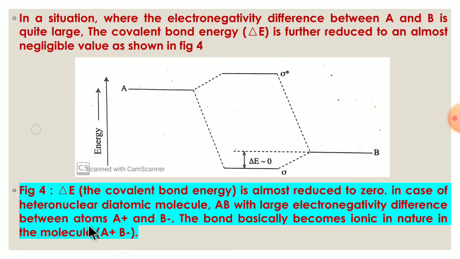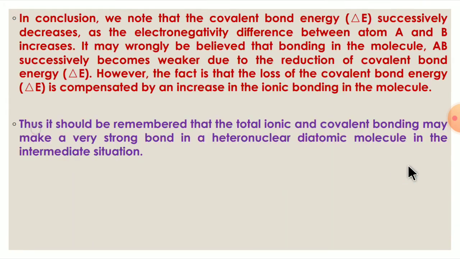In the case of heteronuclear diatomic molecule AB with a large electronegativity difference between the atoms A plus and B minus, the bond basically becomes ionic in nature in the molecule A plus B minus.